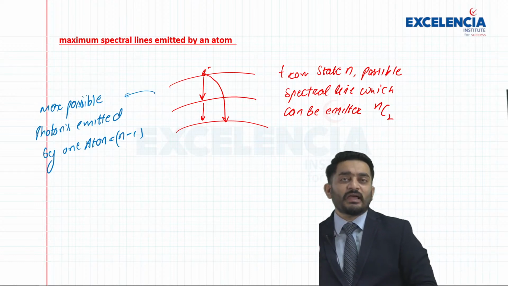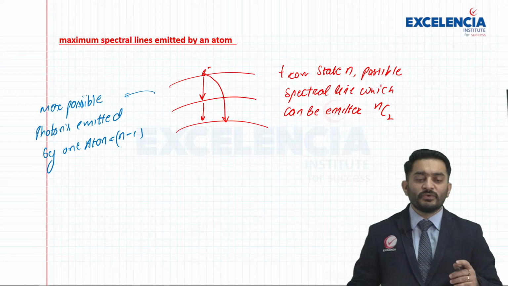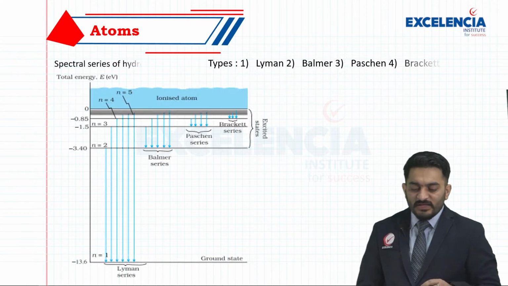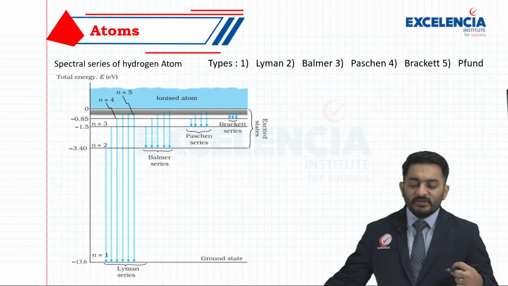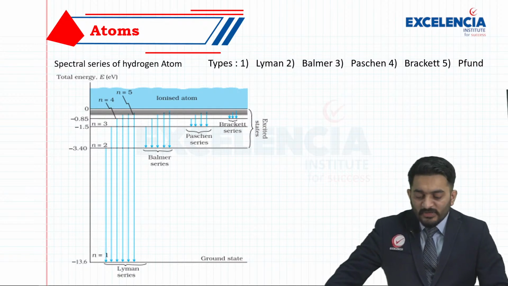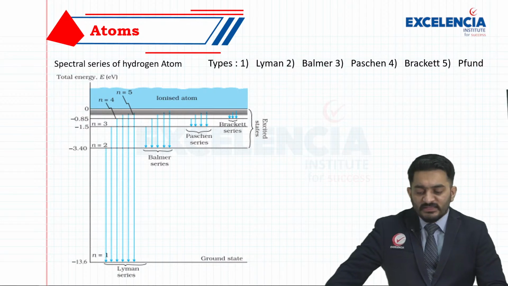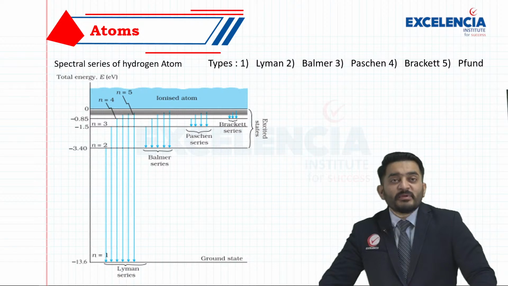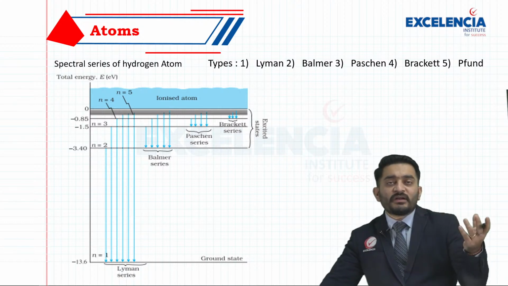Now, when you talk about the series diagram which you have in your book, you have also noticed that whenever an electron falls back to the ground state, that particular series was studied by Lyman. We call it the Lyman series, and it falls in the ultraviolet region.